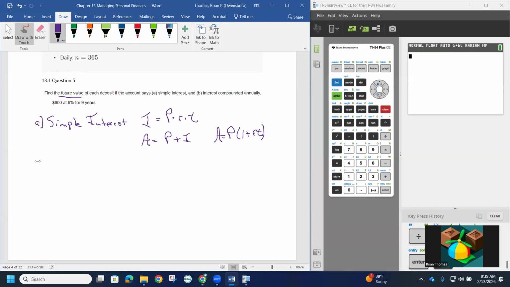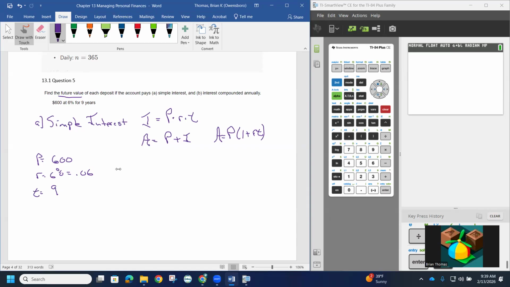We know the principal is $600 in the bank account. Its rate of interest is 6%, but we have to change that into a decimal, so it's 0.06. We're keeping that money in the account for 9 years, so this is over a 9-year period, a little bit more longish term.